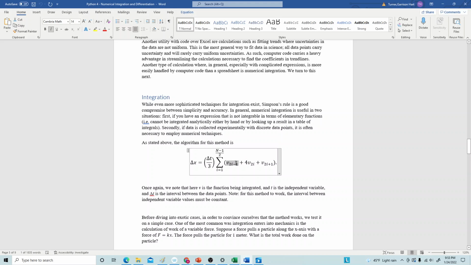So you run through this loop for each element, n minus 1 over 2 times. Then you sum all of those up, and then you multiply that by the time increment divided by 3. Once again, we're not going to explain where this comes from, but this is known as Simpson's rule.